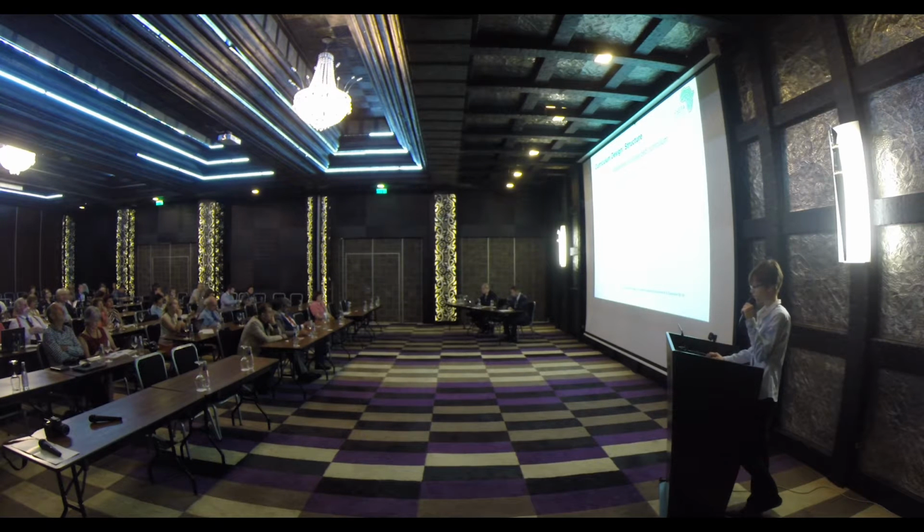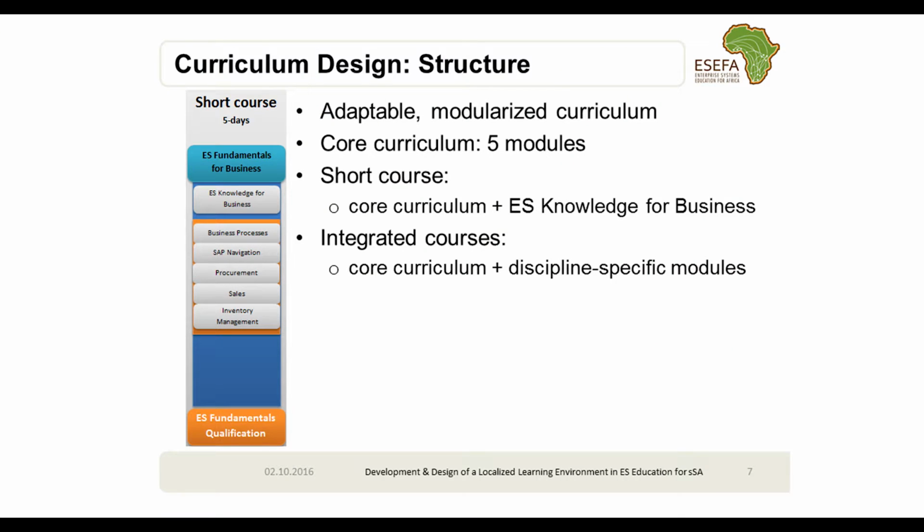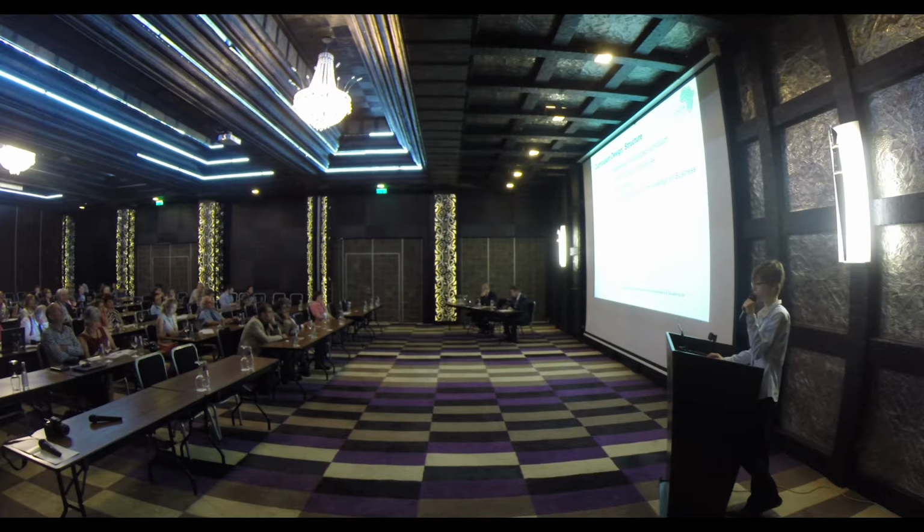We structured the curriculum such that it is an adaptable, modularized curriculum. And there are 2 basic versions of the curriculum, both of which have a core curriculum of 5 modules. The first version is a short course, which consists of the core curriculum plus a module on enterprise system knowledge for business.